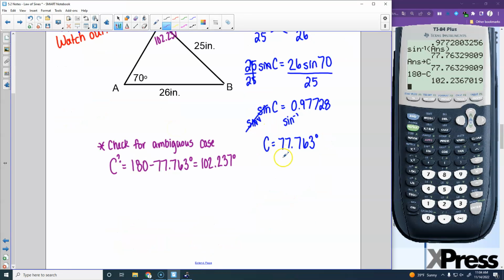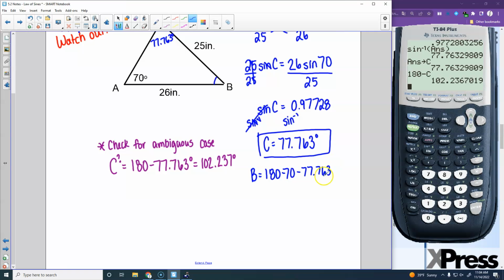So C could be 77.763. Right now, we know for sure it can be. Like that, you don't even have to test for that, right? So right now, I'm going to solve it like C is 77.763. So if I want to find angle B, I would do 180 minus 70 minus 77.763.